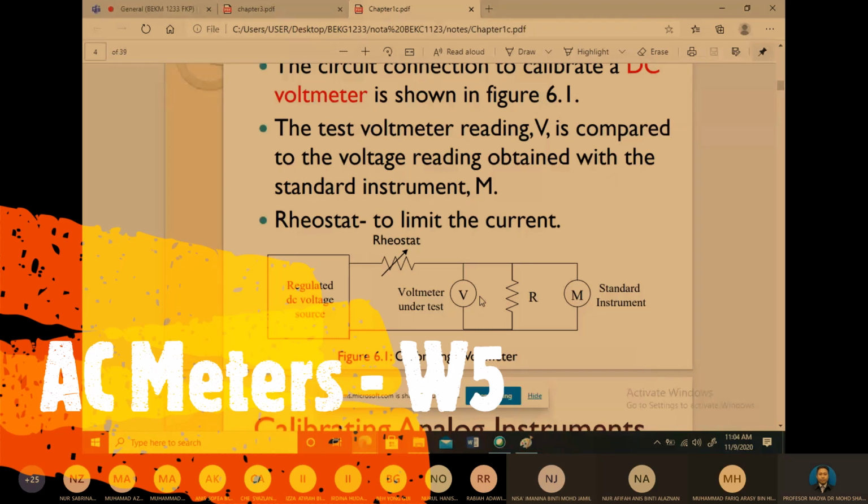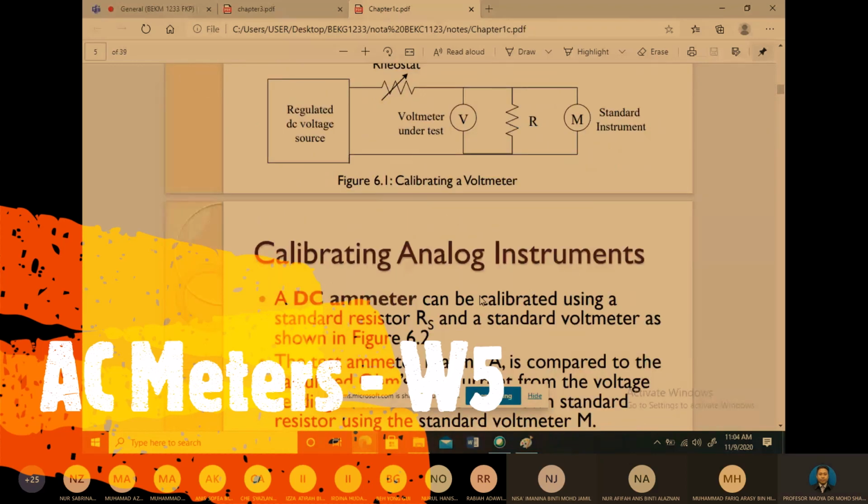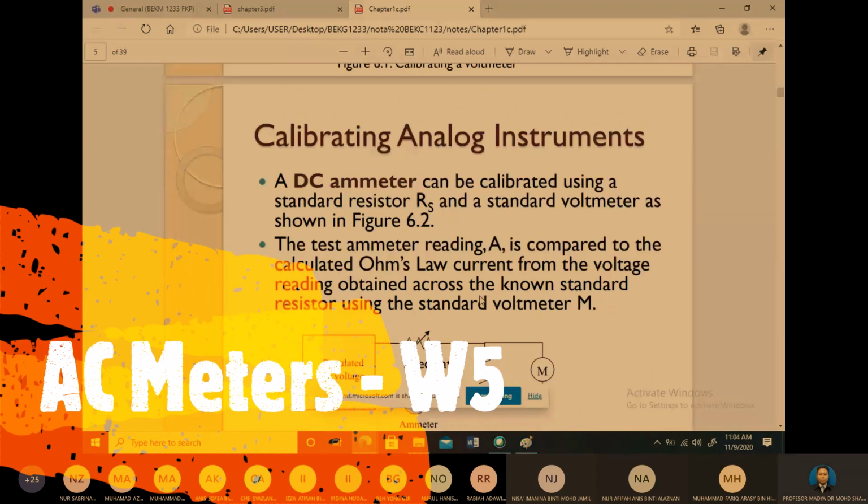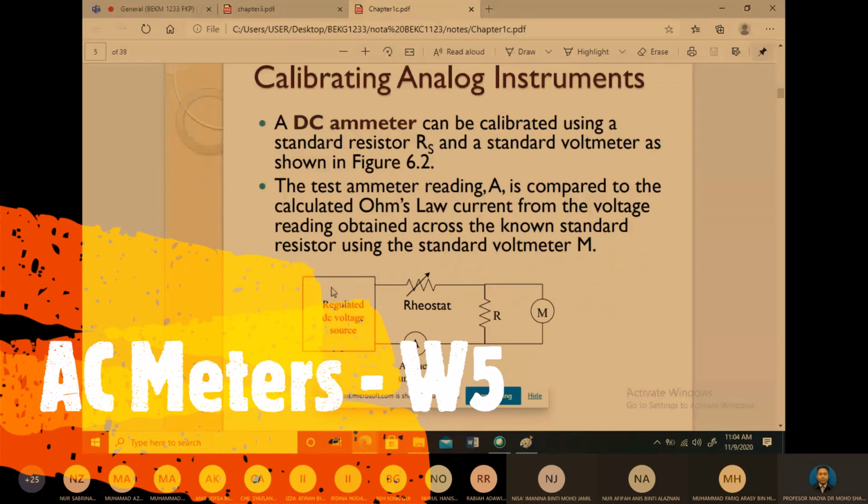Next, how to calibrate the DC ammeter. You can see here we put the DC ammeter in series, because we want to measure the current, so we have to put it in series. This is our standard voltmeter.